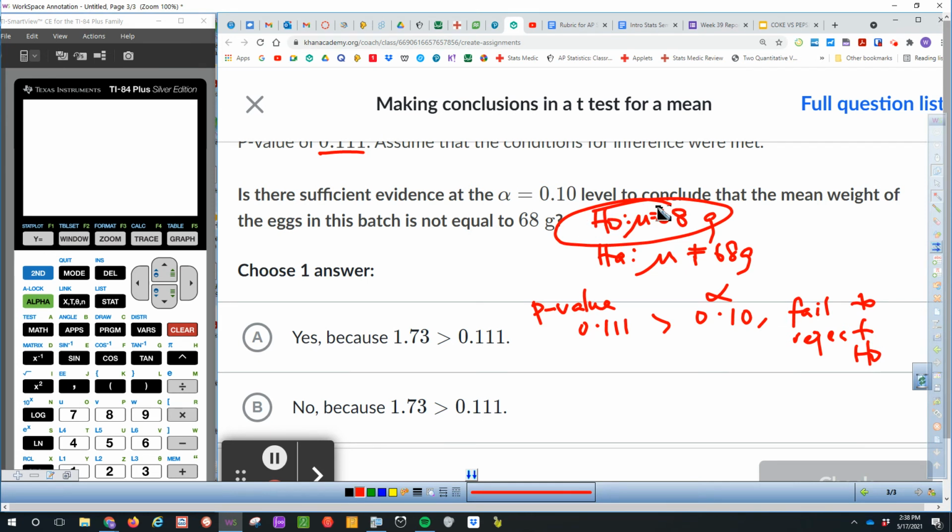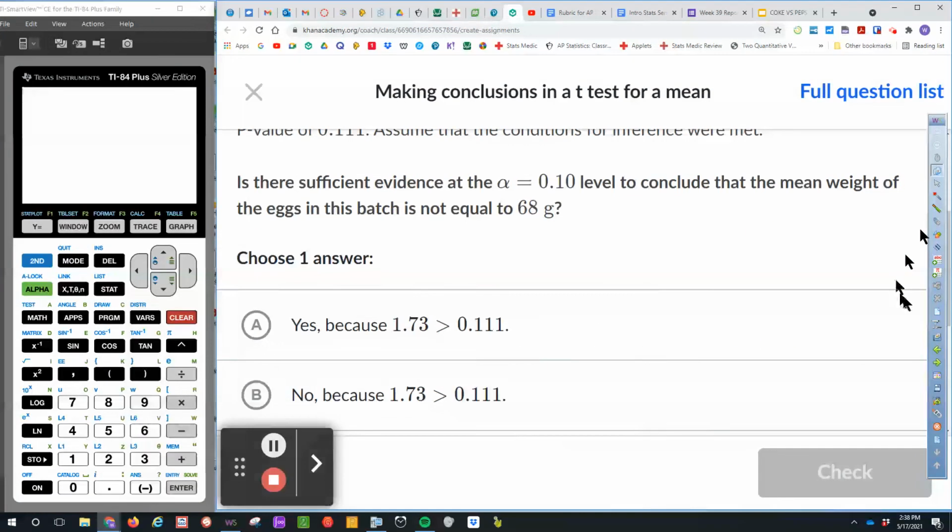Is there sufficient evidence to conclude that the mean weight of the batch is not equal to 68? No, because the p-value of 0.111 is greater than 0.10.